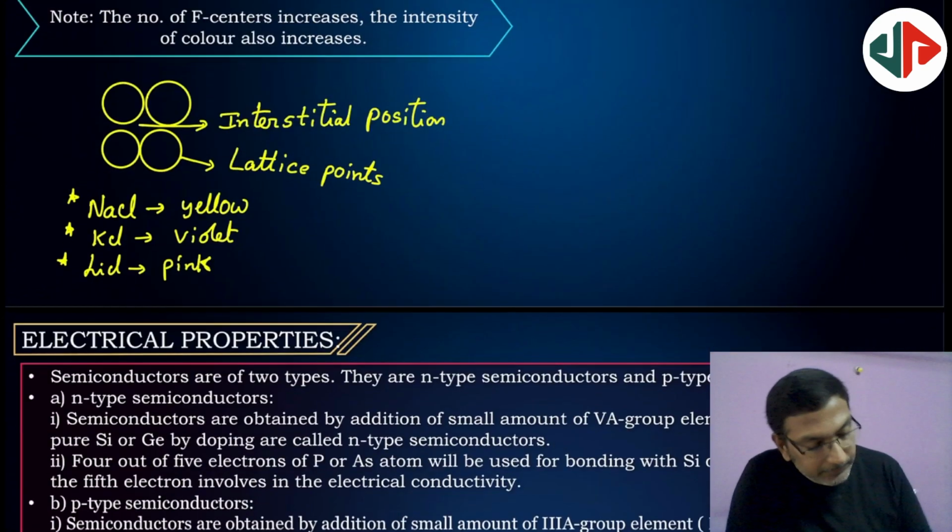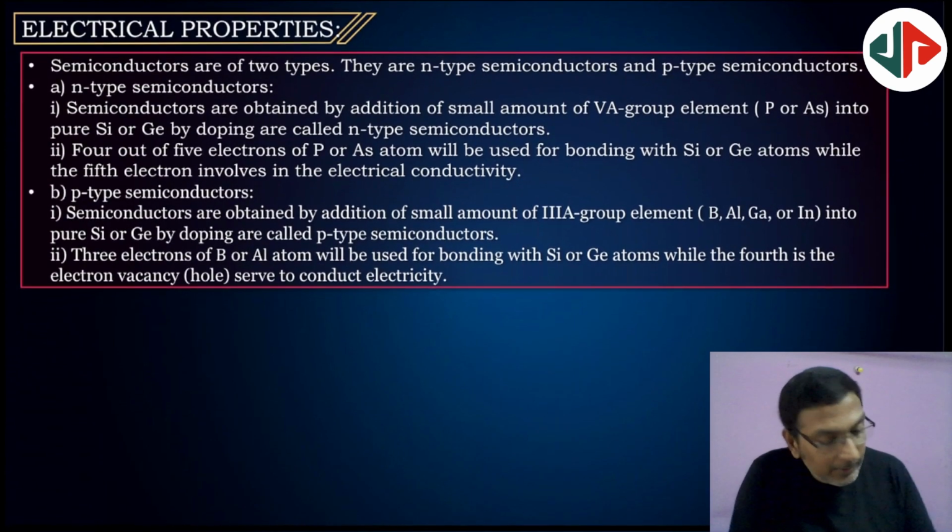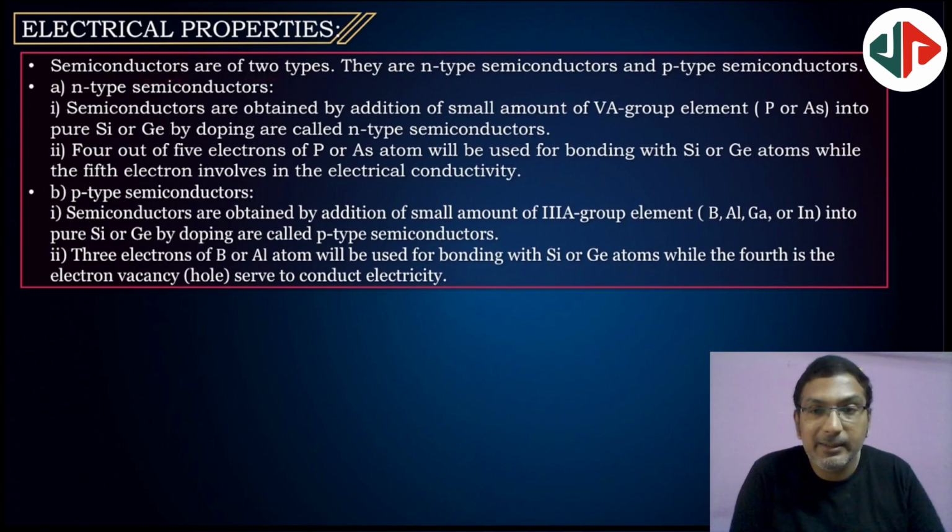Next, electrical properties. Semiconductors first. Semiconductors means conductance lies between conductors and insulators.